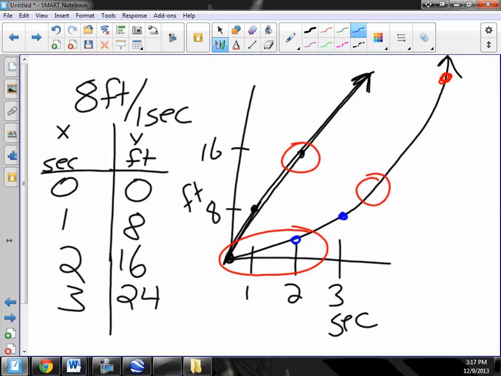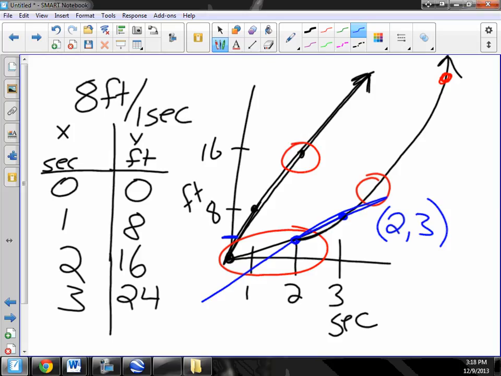So all you really need to know is the slope of this line. And you can see that the graph is a little bit underneath the slope. But let's say that at 2 seconds, I was at 3 feet. So 2, 3. So 2 seconds into the story, I had traveled 3 feet.